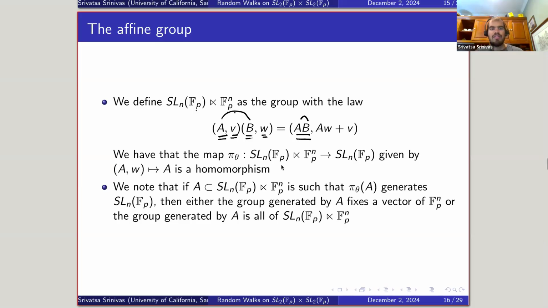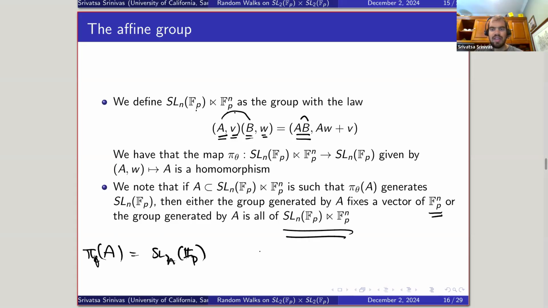All right. So now we note that if A is a subset such that the projection onto the matrices generates SL_n(F_p), then either the group generated by A fixes a vector, or the group generated by A is the whole group. All right, here's a small proof of that fact. So suppose that A is a set which projects onto SL_n(F_p).